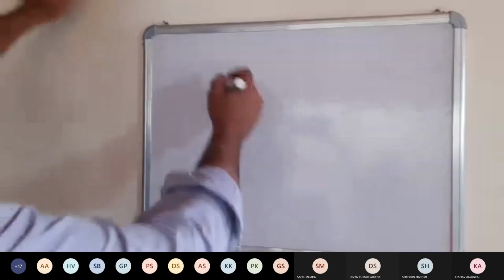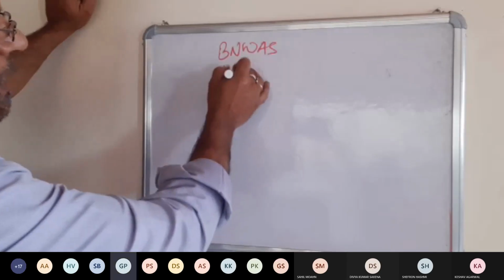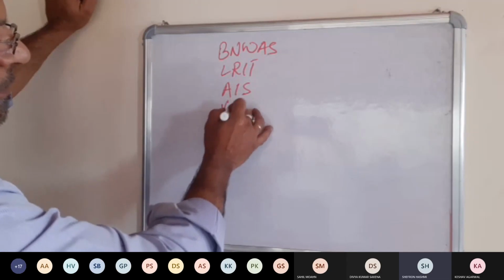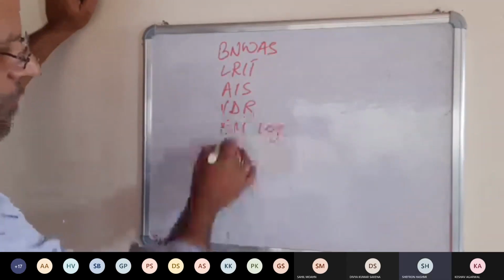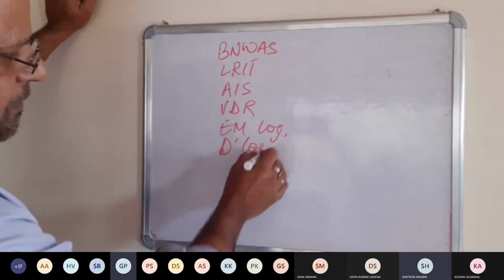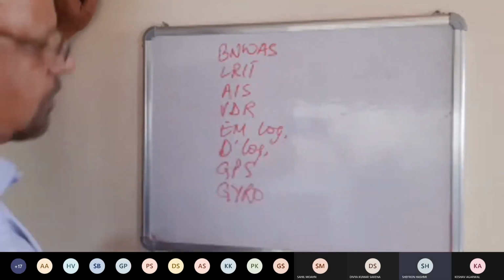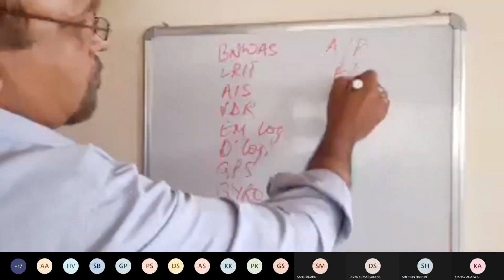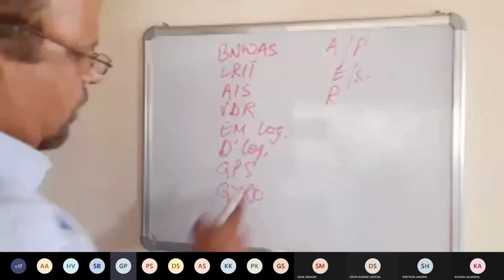Please list out. We have done Banwas, LRIT, AIS, PDR, EM log, Doppler log, GPS, gyro. Okay. So we have got autopilot, eco sounder remaining. Then we have Roti. roti हो गया कि नहीं?